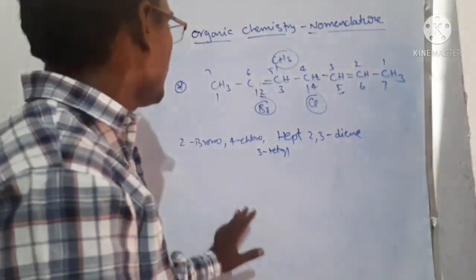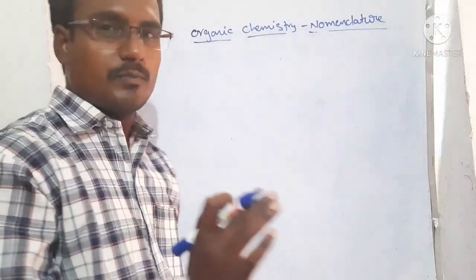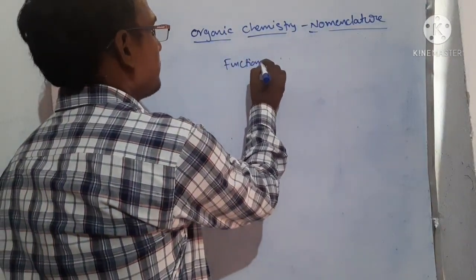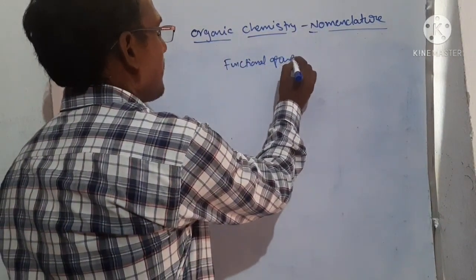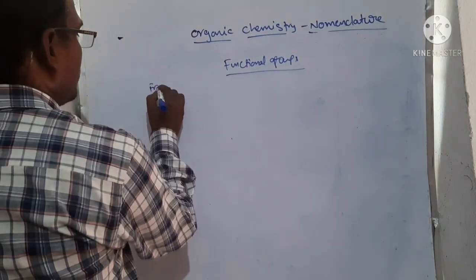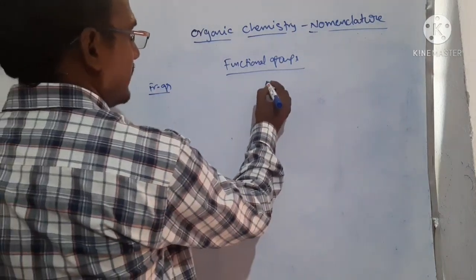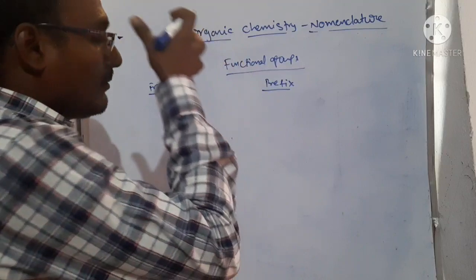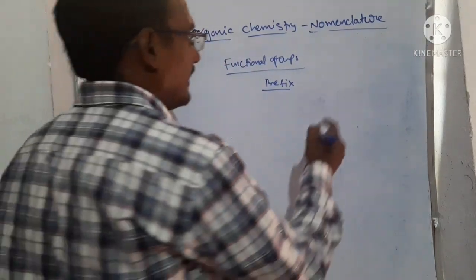Next, let us see the functional groups and their priority order. This is the functional group, and this is what is meant by prefix: if it is present as a prefix, what name you want to give, and as a suffix, what name you want to give. The first one is COOH. Its name is carboxylic acid.